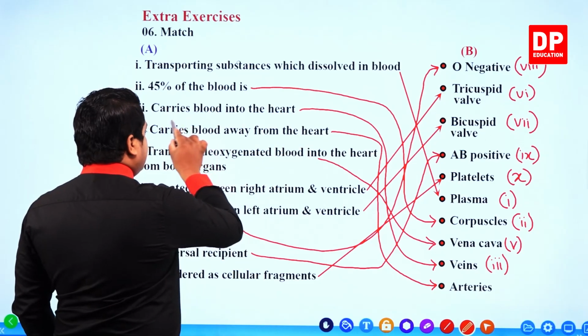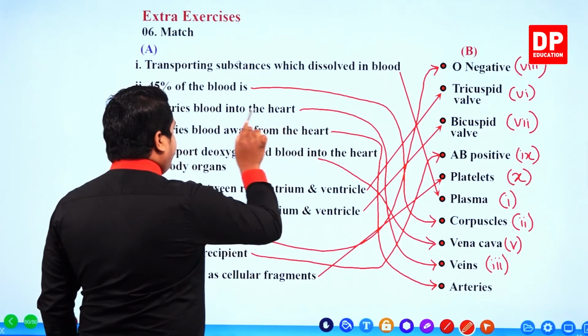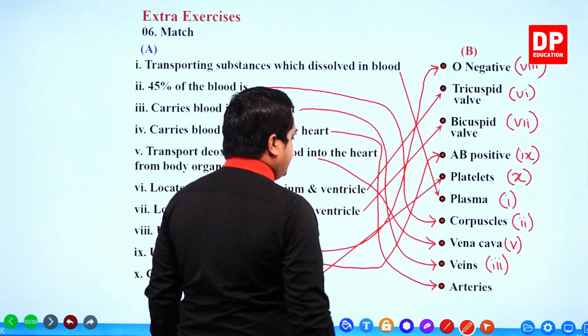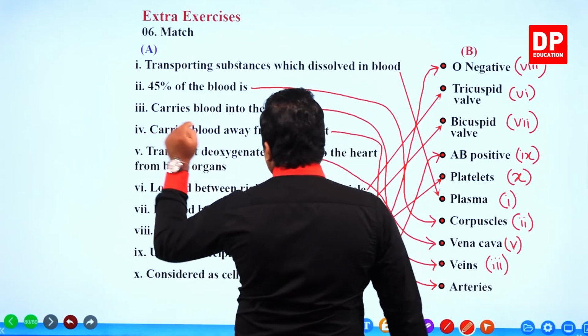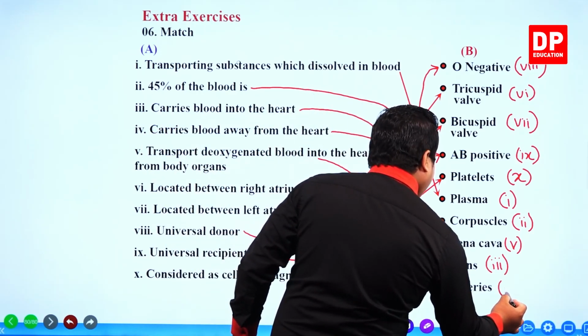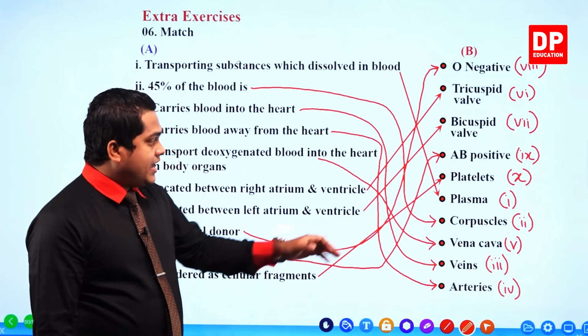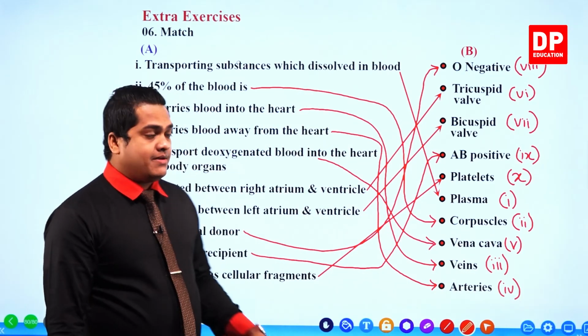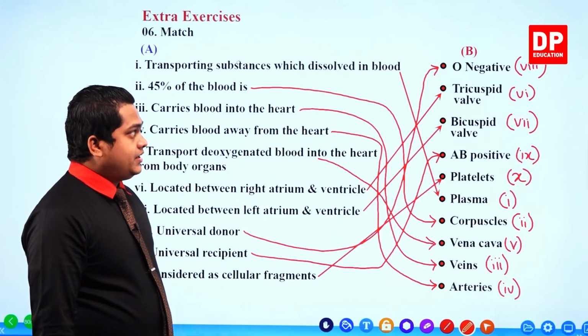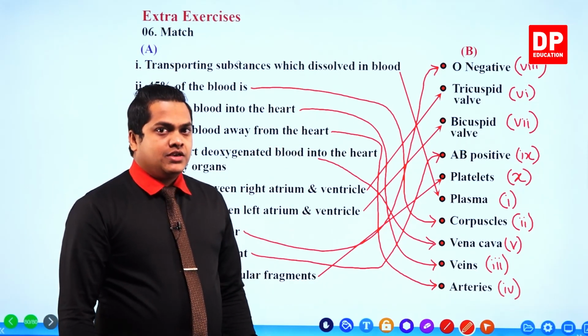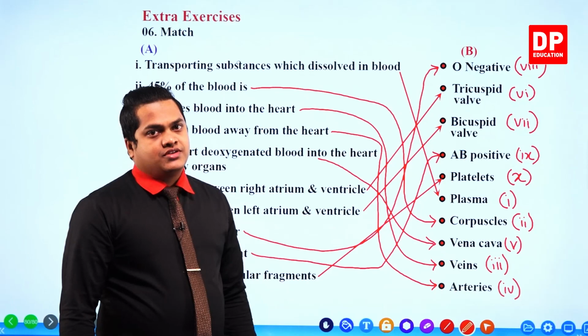Arteries are the ones which carry blood away from the heart. Arteries, number 4. So for your convenience, I have mentioned the Roman numbers in front of each item in the B column. So these are the answers for the questions, my dear children.